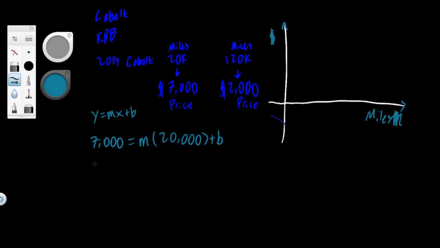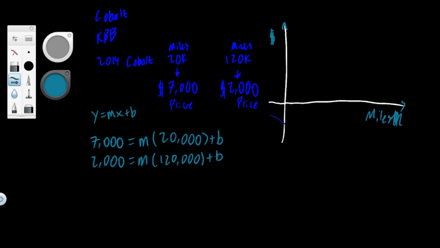And then the other one is 2,000 equals m, which is unknown, times x, which we have set at 120,000, plus b for the y-intercept. And just imagine that these were real numbers from, for example, Kelley Blue Book. I'm going to start calculating this, and hopefully you do the same. So pause this video and try to solve this, and I'll be right back after I punch the math here.